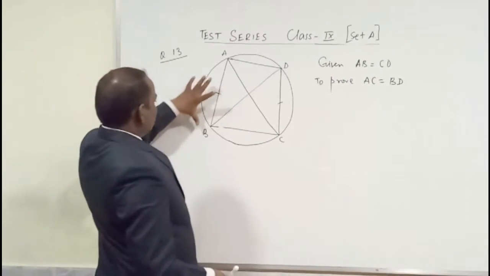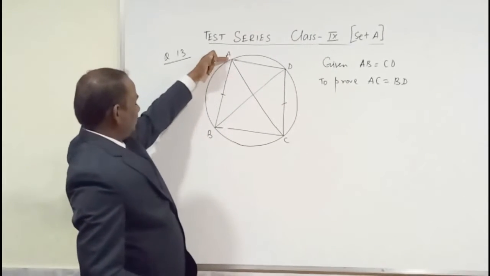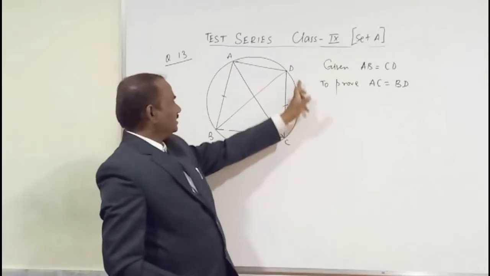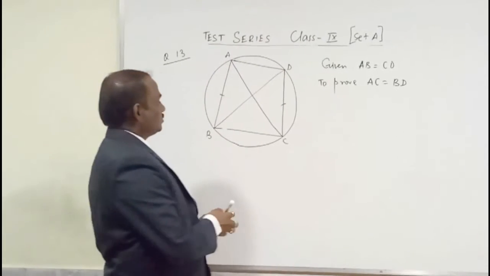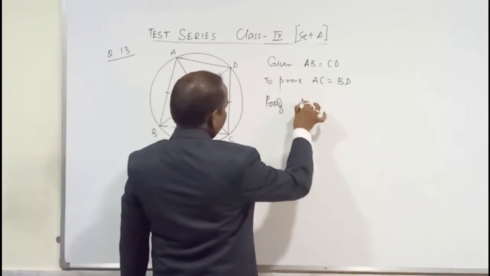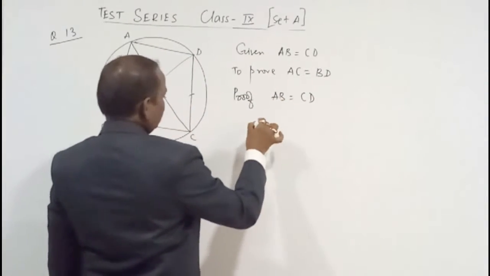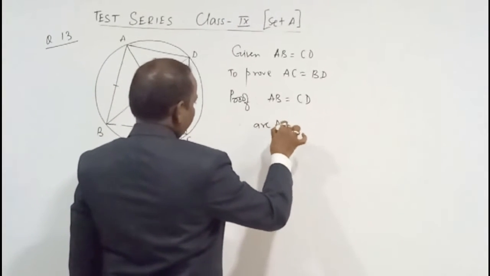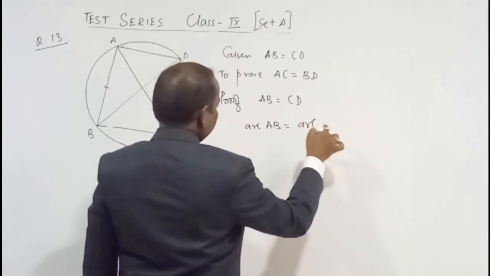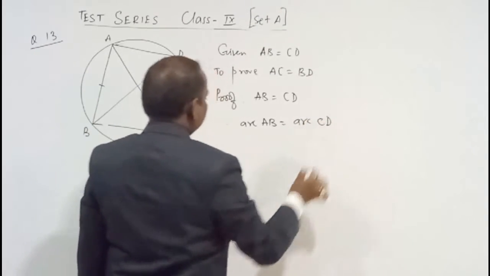Like if you can see, chord AB and chord CD are equal. So the arc AB and arc CD will be equal. Okay, so we write this in the proof: AB is equal to CD. Therefore, arc AB is equal to arc CD.